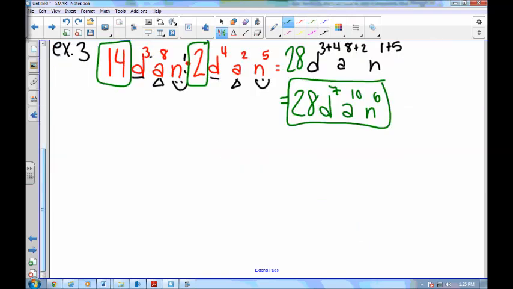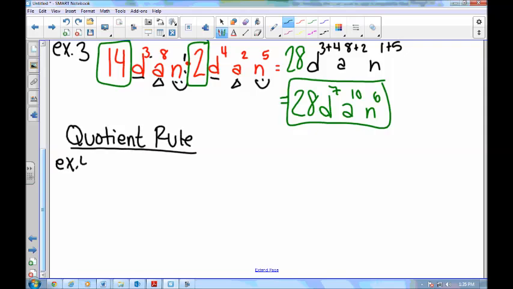Quotient rule. Example 4. Do you know what the word quotient means? It does deal with division, but which part of division?